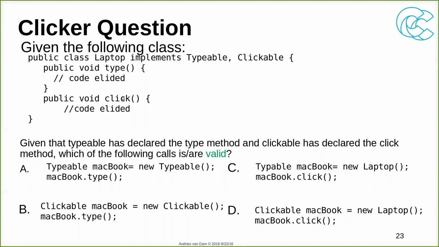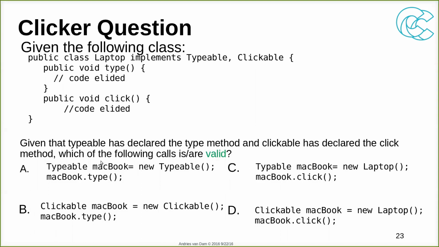It's implementing both these methods. Assume that the typeable interface has only one method, which is type, and the clickable interface has only one method, which is click. Given these declarations, can you let me know which one is valid among them?